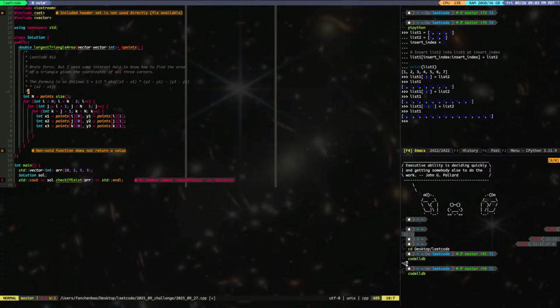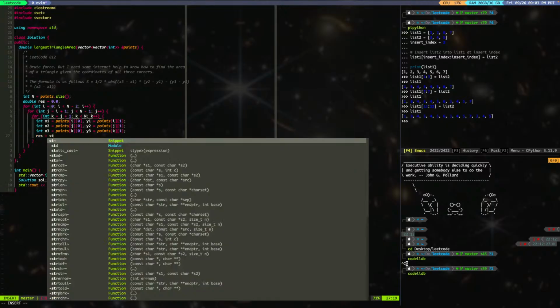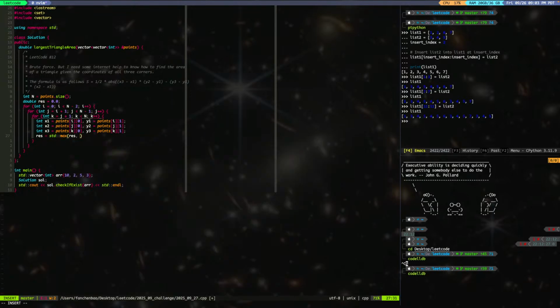We also need a double, res equal to 0. Then res equals the maximum of res and 0.5 times this.